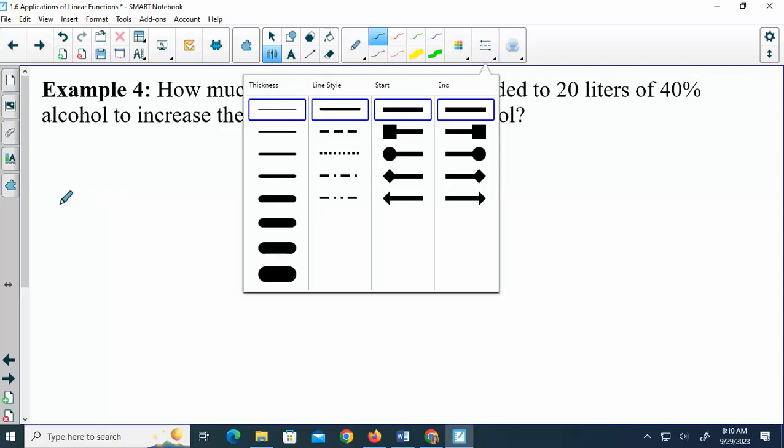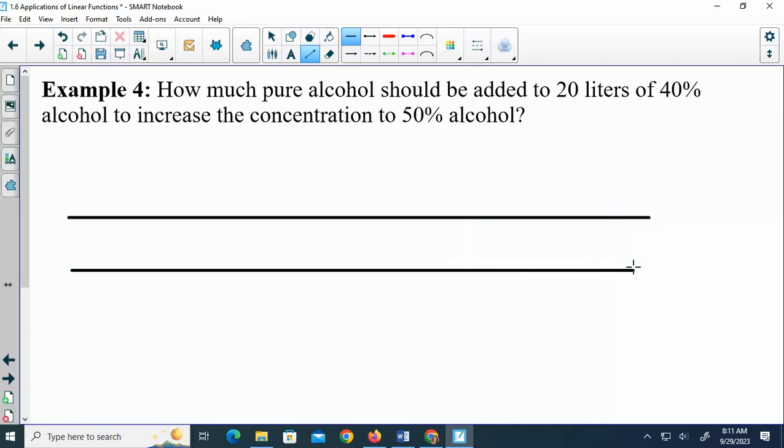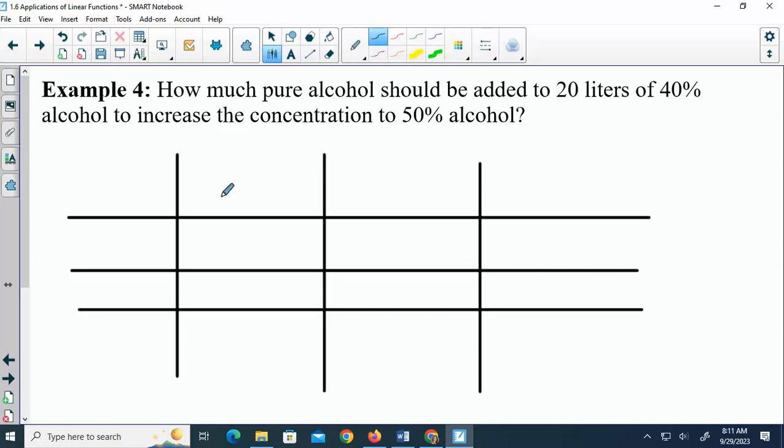So we are going to do across the top, my columns are going to be that formula that we decided on.